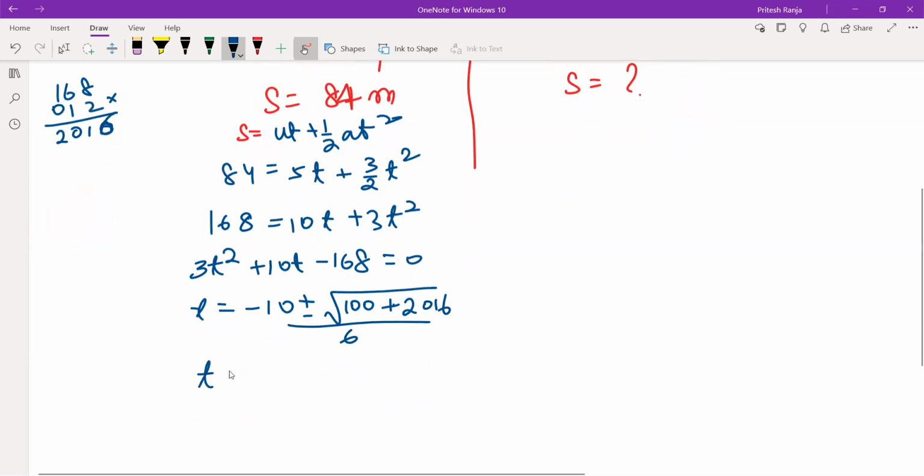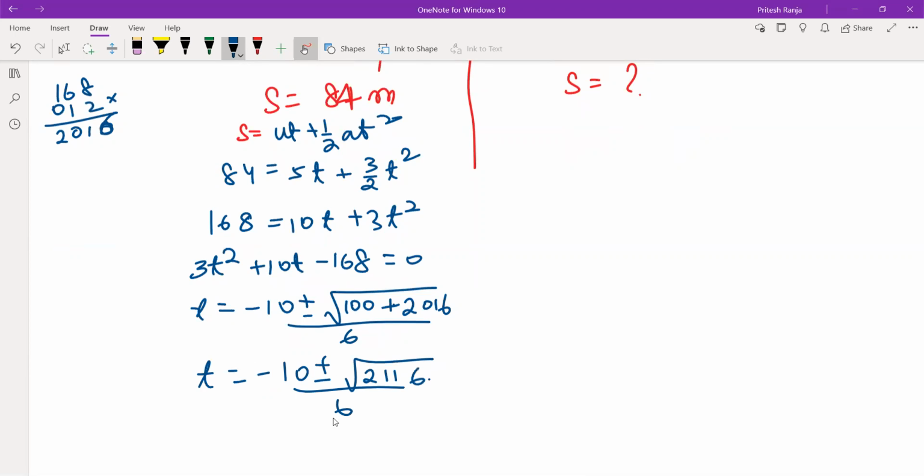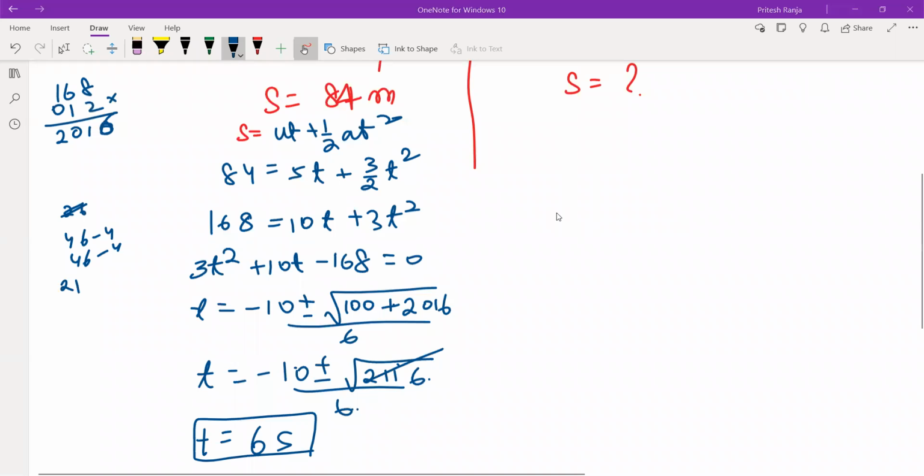So this gives us time as minus 10 plus minus root 2116 by 6. Root of 2116 is 46. So time will be 46 minus 10, that is 36 by 6, that is 6 seconds. We got the time, 6 seconds.